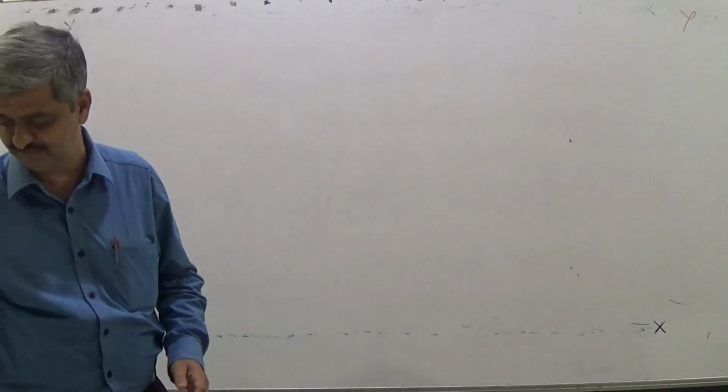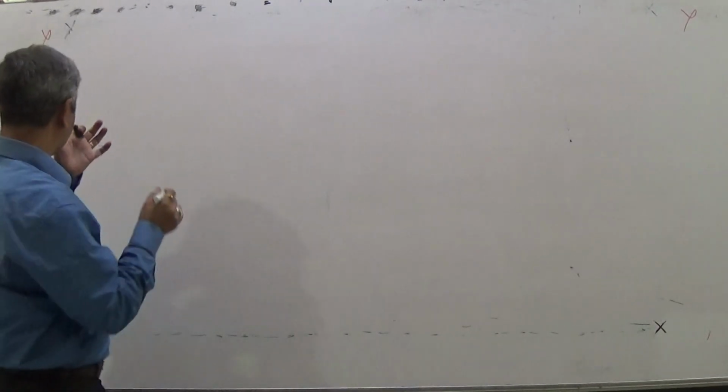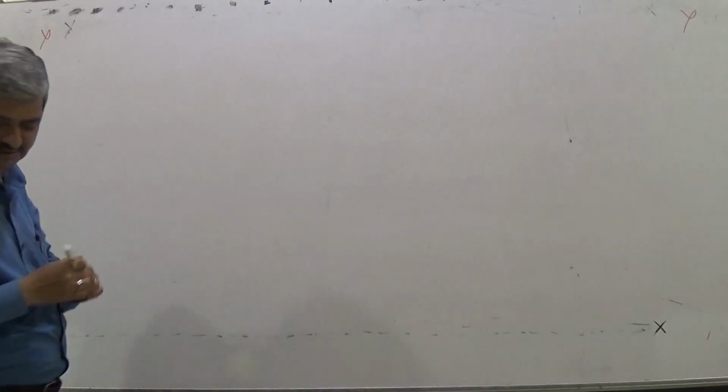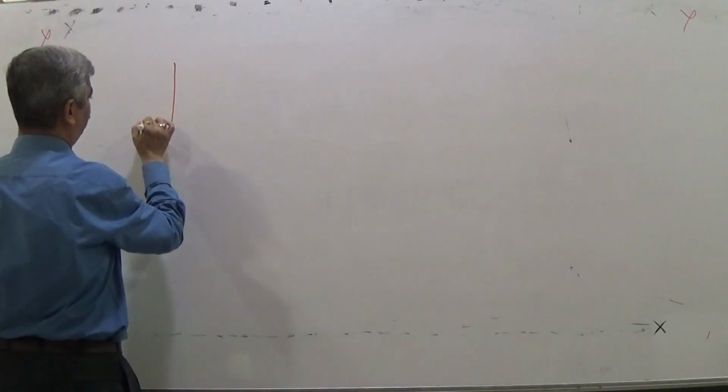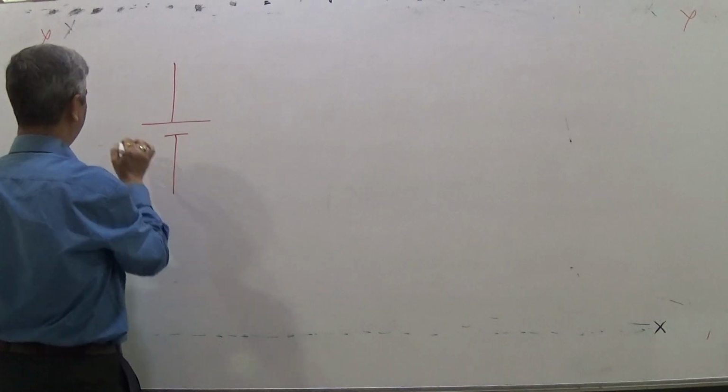So we take a very simple example, that is, we take a voltage source of 6 volts.